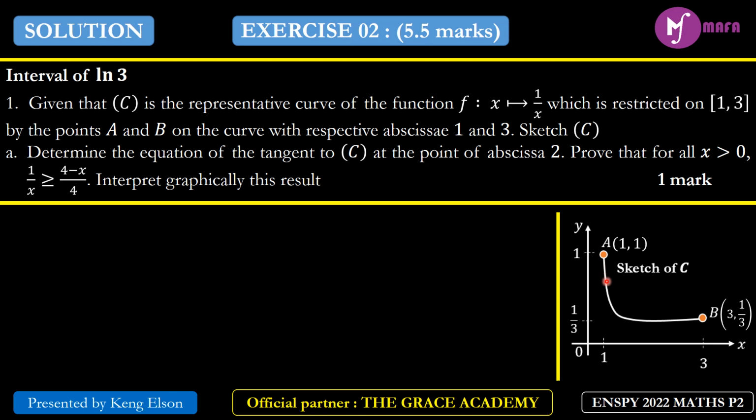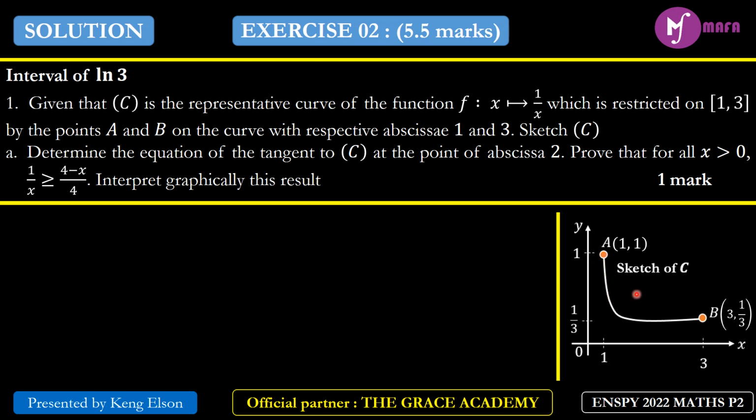The graph is decreasing in that interval. Then for the point B, the x coordinate is 3 and the y coordinate is f of 3, which is 1 on 3. So you clearly see that as x is increasing, the function is decreasing, from 1 to 1 on 3. So that's a sketch of the graph in the interval 1 to 3 restricted by the points A and B.